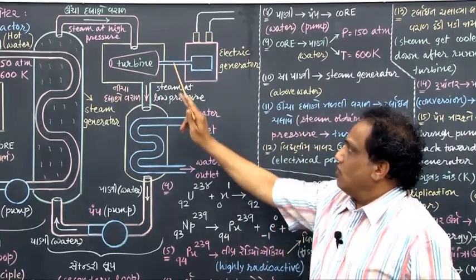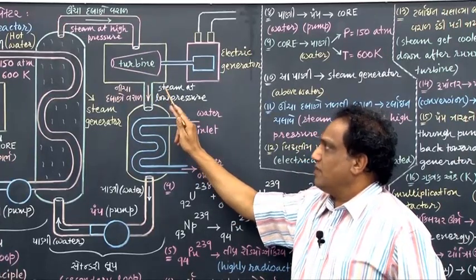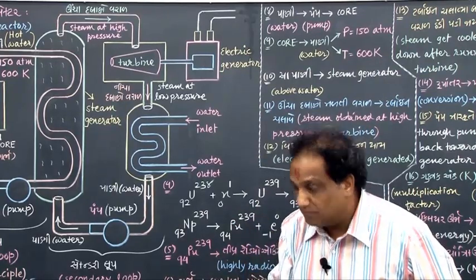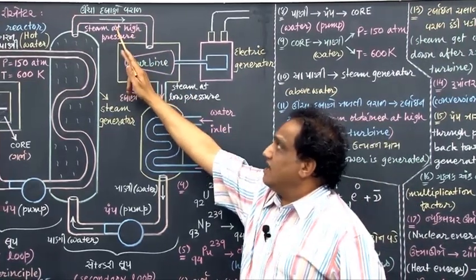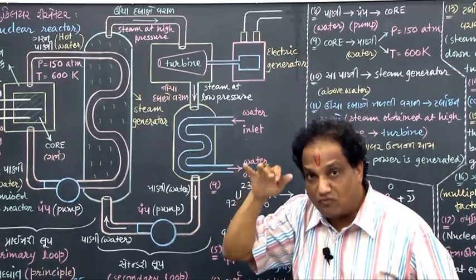Now, after the steam does the work, naturally the pressure will be low, and the steam is getting cooled down. Here the pressure of the steam is very high, here the pressure of the steam is low because it has done some amount of work.